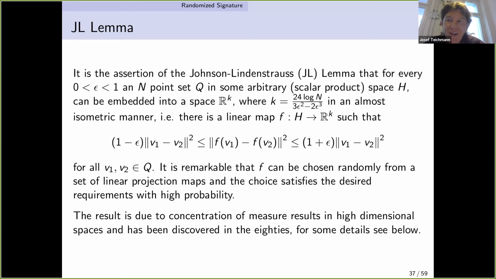You can embed those n points on the unit sphere almost isometrically into a log n dimensional space. That's somehow amazing. It means that in a k dimensional space, you have e to the power k almost orthogonal vectors. This is not how we imagine high dimensional spaces. And of course, it's a phenomenon of high dimension. The proof is also a phenomenon of concentration of measure.